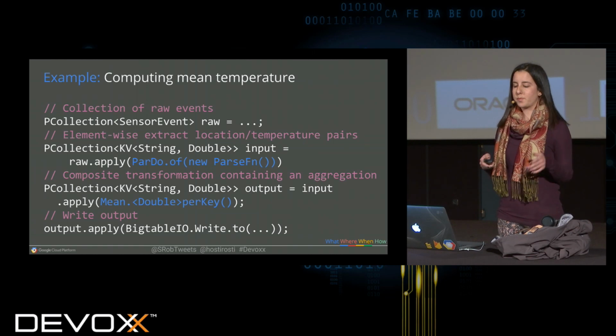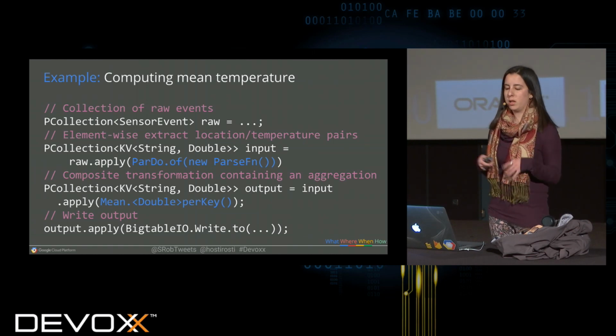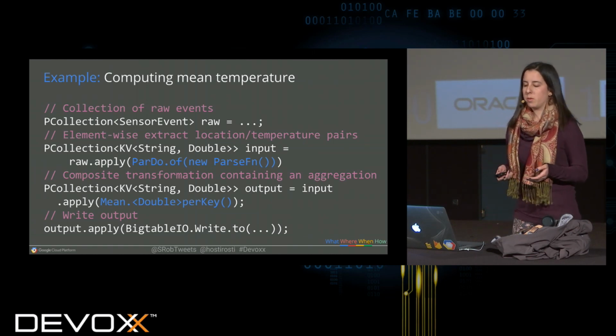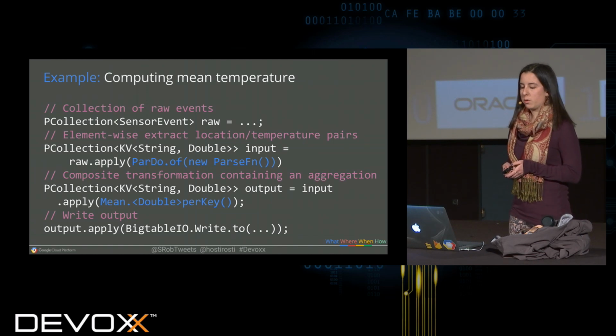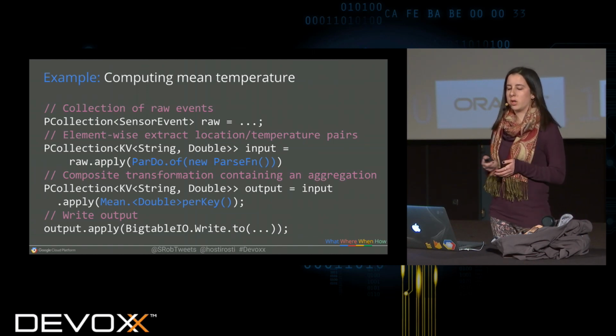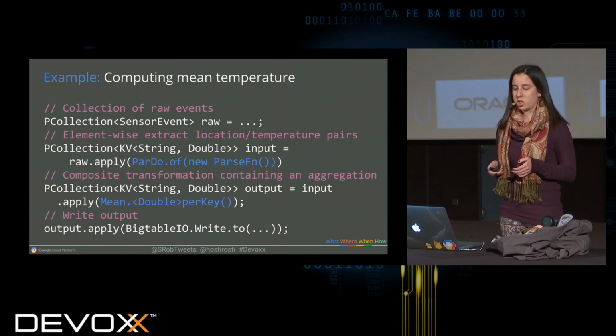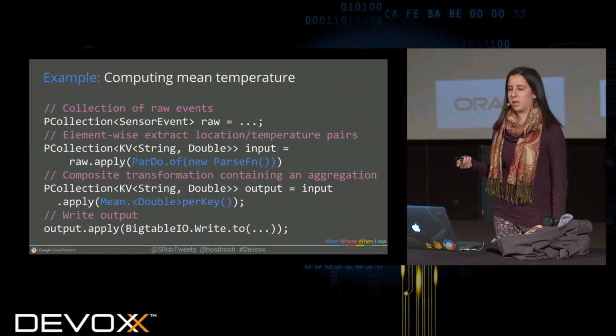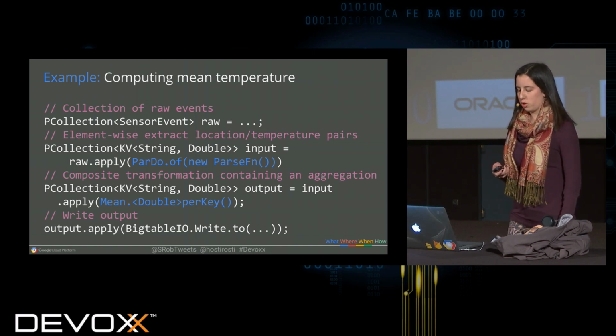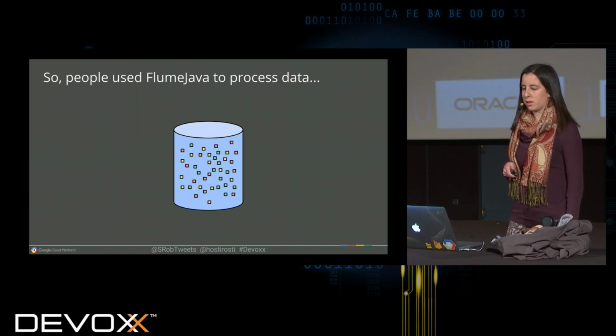So this will perform this function on each element in our PCollection. And then we want to do an aggregation function. So we want to find the mean temperature per location to change our PCollection into key-value pairs, and then we'll write that output somewhere. So this is a quick intro to what the Flume Java API looks like.